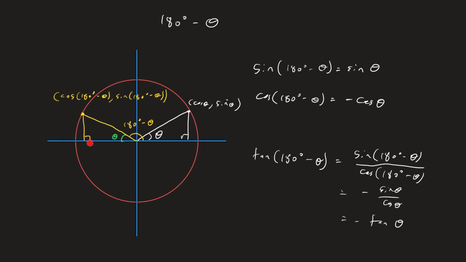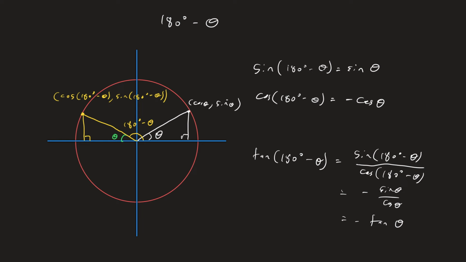Remember that for this yellow triangle, the definition of sine and cos of this angle 180 degrees minus theta is given by the xy coordinate of this point up here. In particular, we see that the y coordinate is the same as the y coordinate for the angle theta, so therefore we get sine of 180 degrees minus theta is the same as sine of theta.